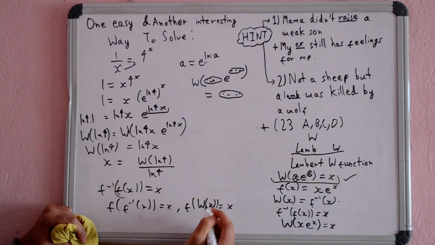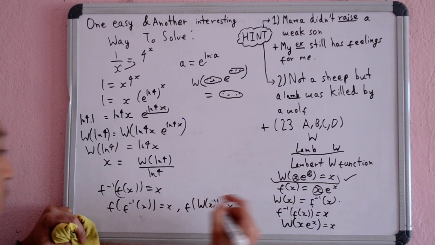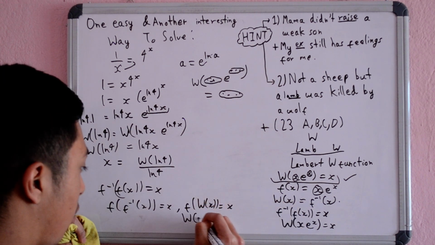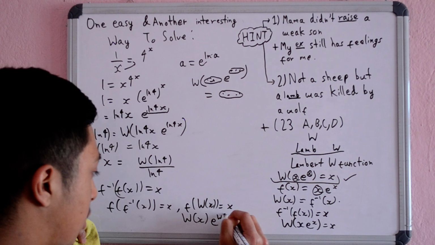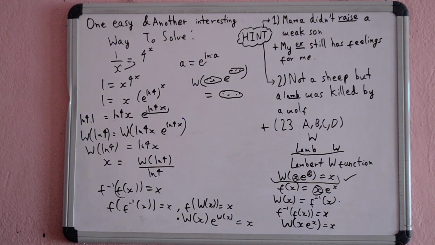So we just have to put it over here. So in place of x we have to put the Lambert W function. So W of x e to the power W of x will also be equal to x. This is due to the inverse function law or property.